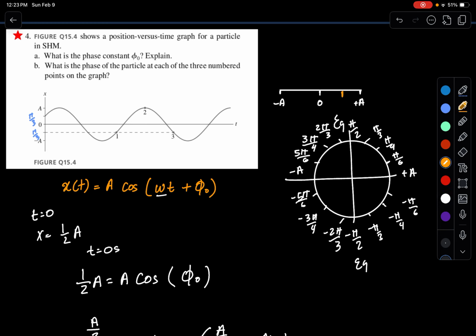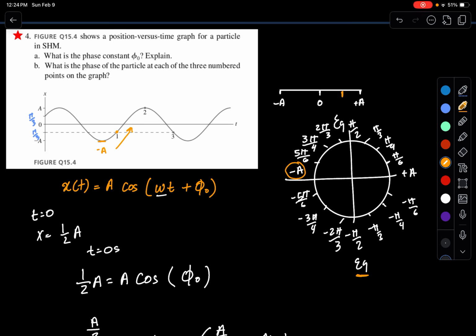Point 1 here is at the point where we just left the negative amplitude. This is the negative amplitude, and we are moving toward the equilibrium. Here, this equilibrium. Why not the other equilibrium?